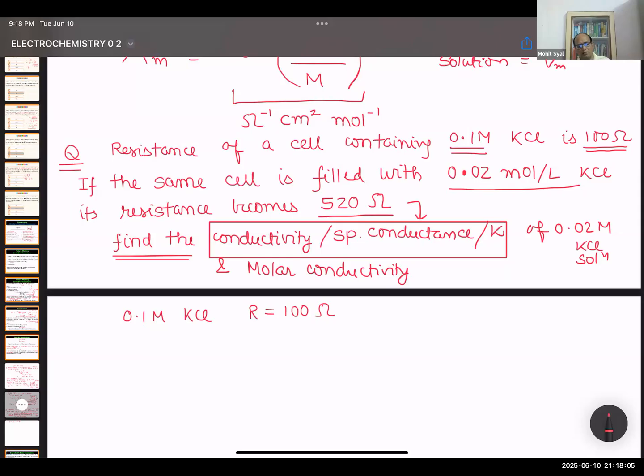So how are we going to do it? Just tell me. We calculate the conductance G for this. G is 1 by 100.